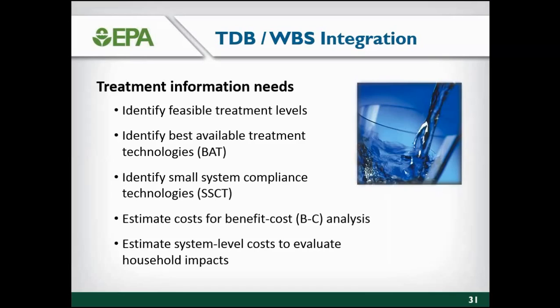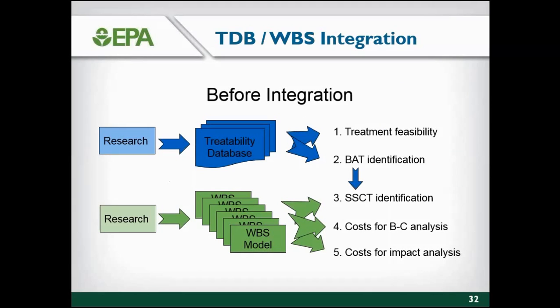So do the benefits outweigh the costs for a regulation. And finally, we can estimate system-level cost to evaluate household impacts and looking at a national scale of how that would impact the country.